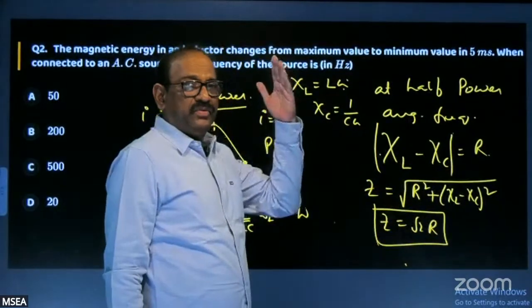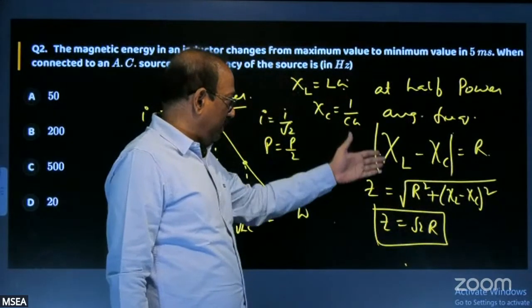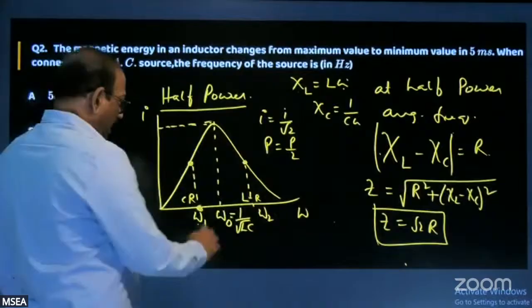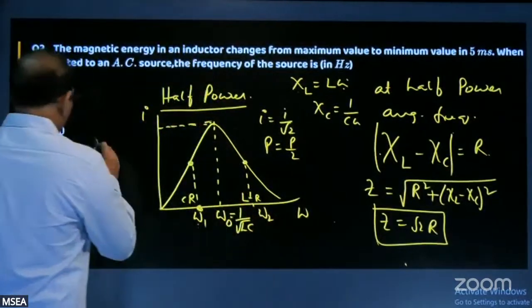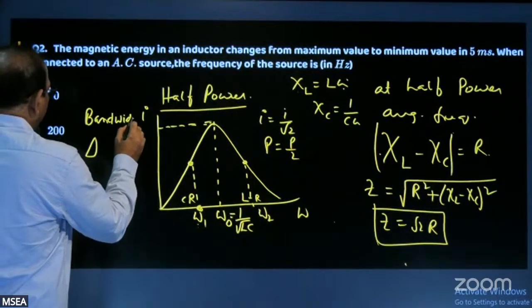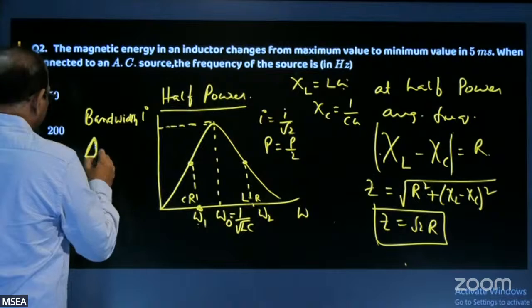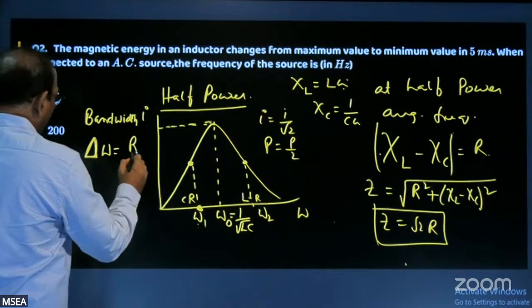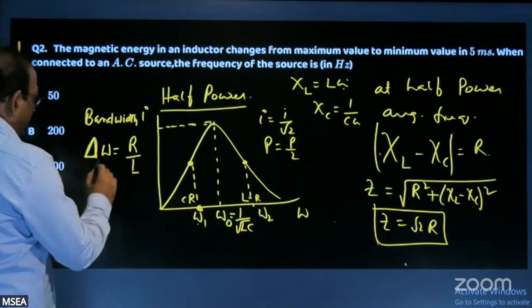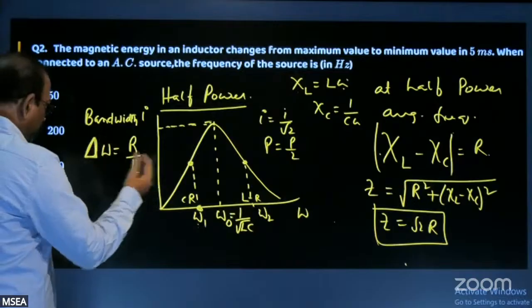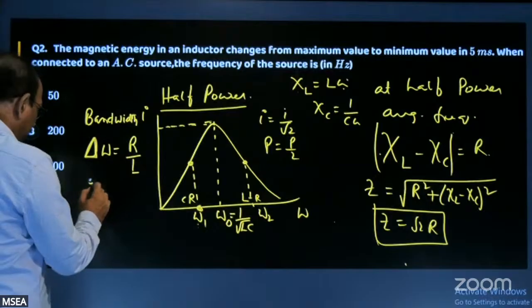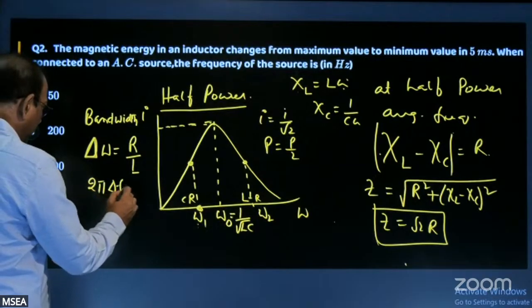In those derivations we did for angular frequency, you will get these equations. Just reminding you. The difference of these two is called bandwidth, and the angular bandwidth of this circuit is delta omega equals R by L. In terms of frequency, omega is 2 pi f, so delta omega is 2 pi into delta f.